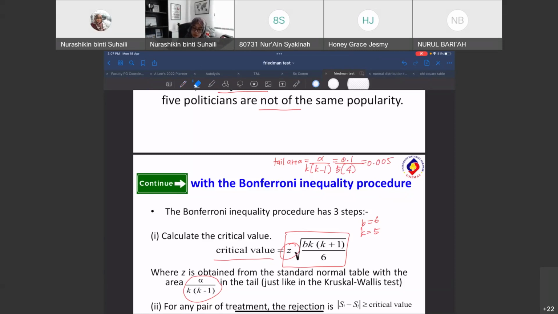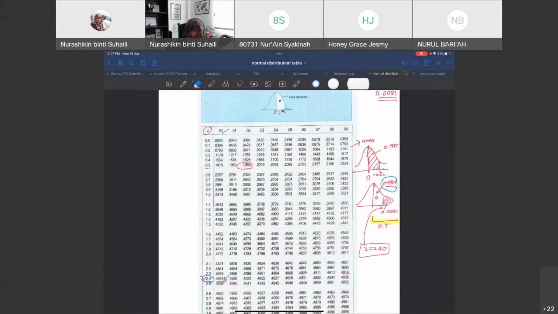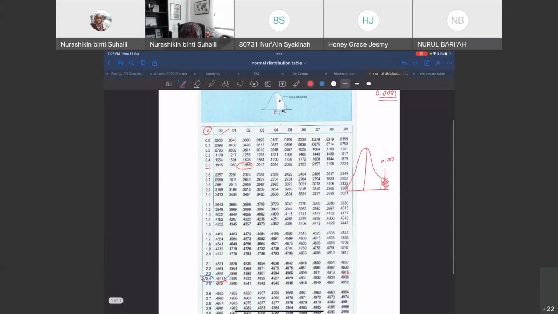Now we have to look in the standard table. You draw the tail area so that you can imagine which area you are looking for. So this one is 0.005. We need to find the Z here. We know that the whole area on this side is 0.5.